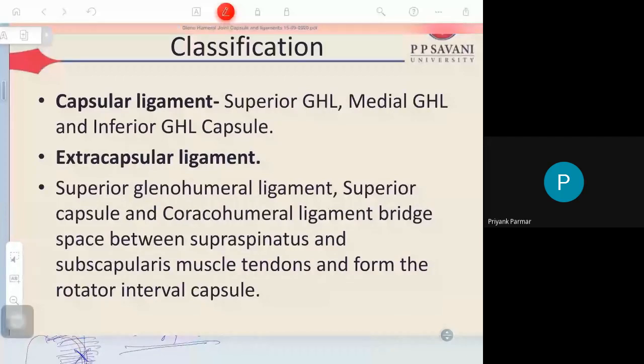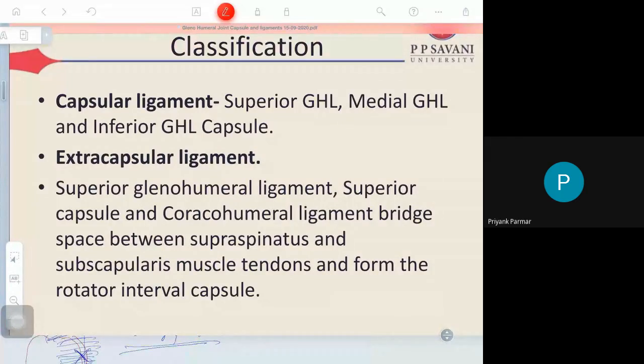Please correct it. Superior glenohumeral, middle glenohumeral, and inferior glenohumeral ligament. And the second ligament is the extracapsular ligament that we will discuss.